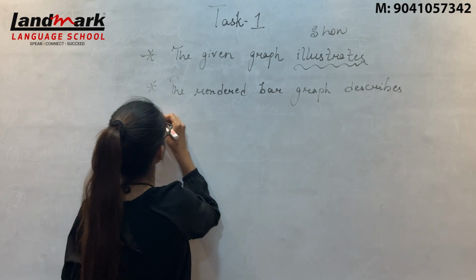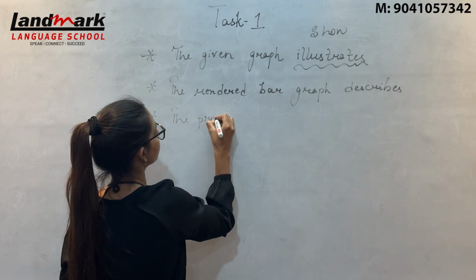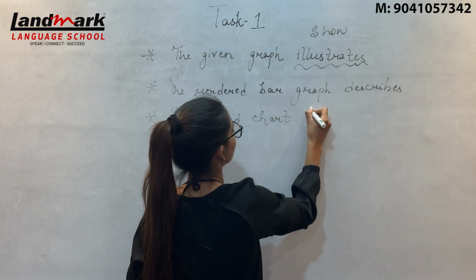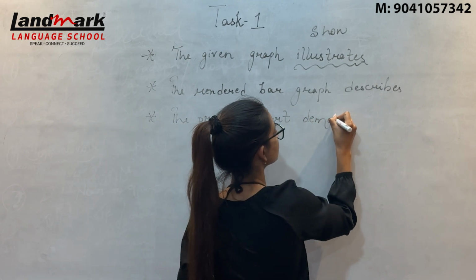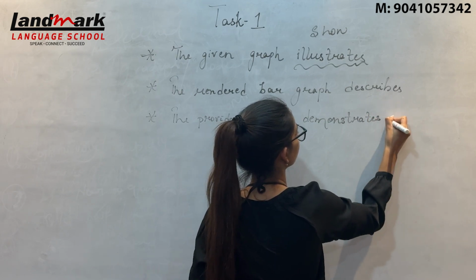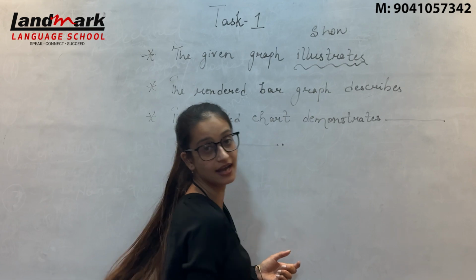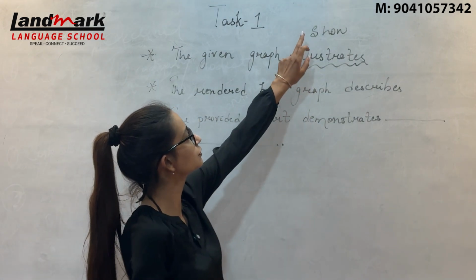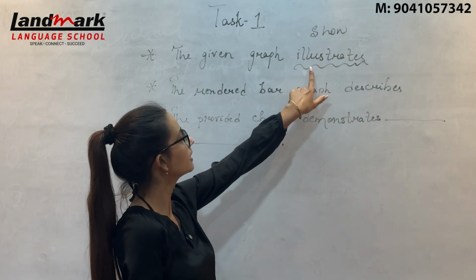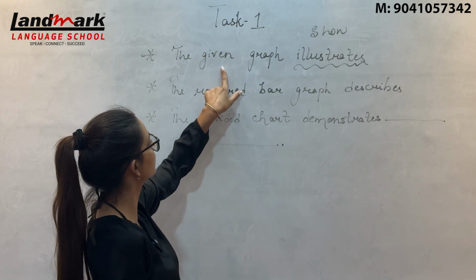Another way is the provided chart demonstrates, and the rest is the question. So we have three ways: for show it could be illustrates, for the given it could be rendered.